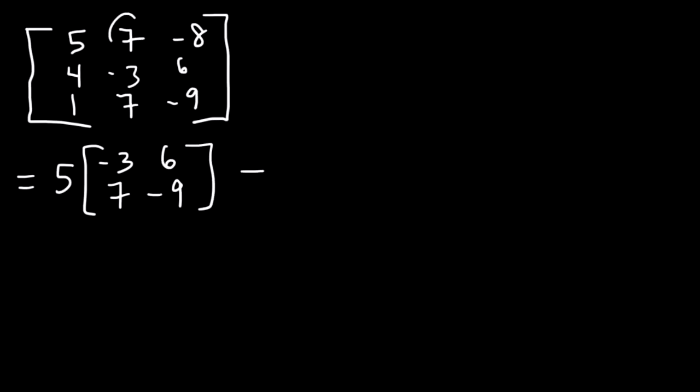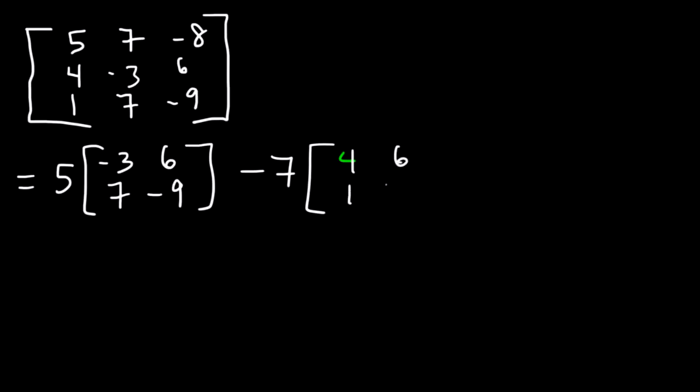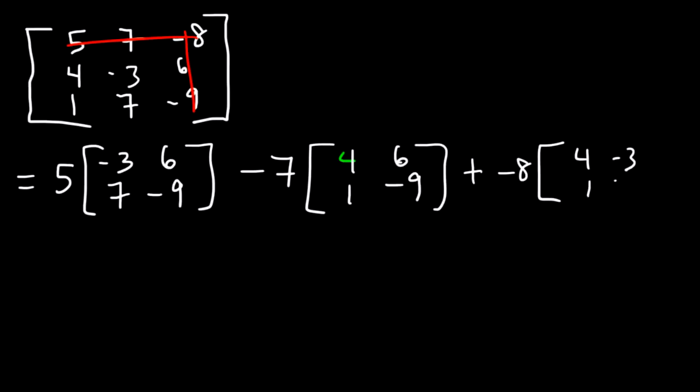Next, we're going to use the 7. So if we take away the first row and the second column, it's going to be 4, 1, and 6, negative 9. And then the last one, negative 8. So if we take away row 1, column 3, we're left with 4, negative 3, 1, 7.